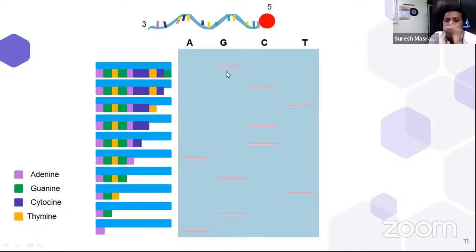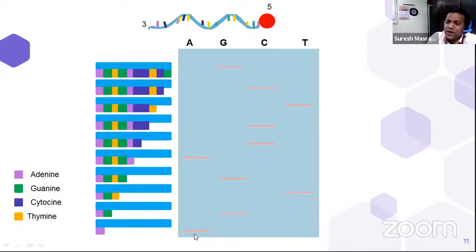And the heaviest remains toward the side of the wells because it runs very slowly in comparison to the others. Thus, the DNA fragment seen in the lane of A, or the first lane, suggests that this is the lightest DNA.